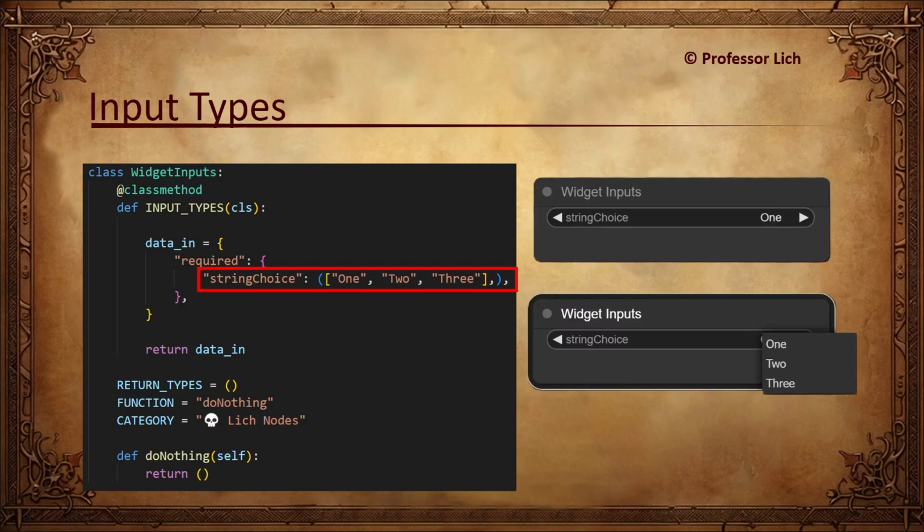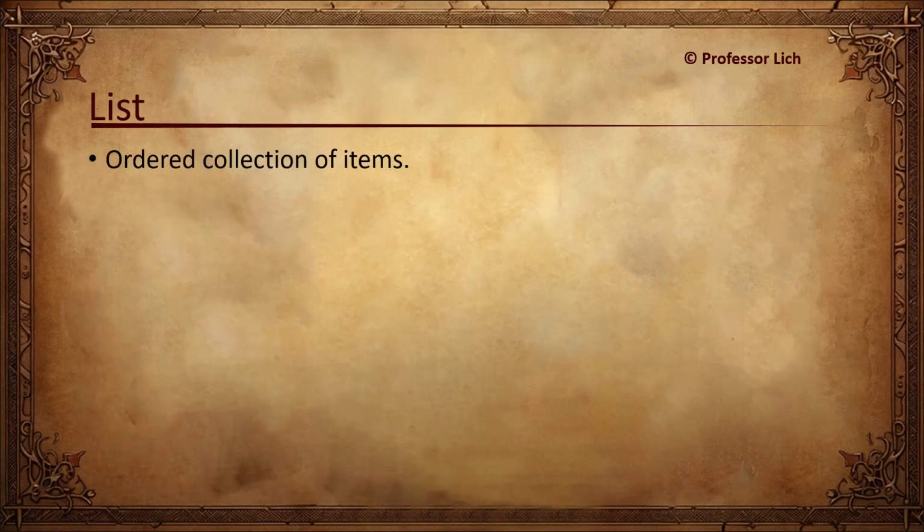But what are these square brackets? We have not encountered them before. When you list strings or integers or some other type of data within square brackets, that data structure is called, well, list. So it is a built-in data type that represents ordered collection of items.